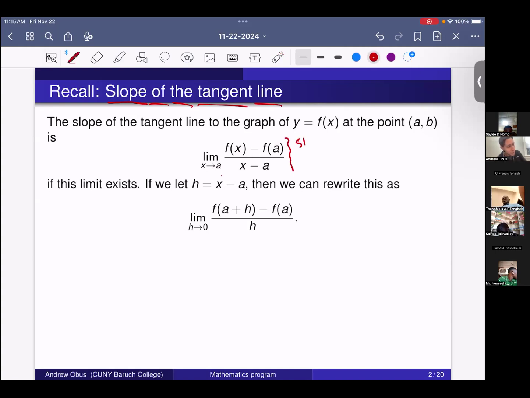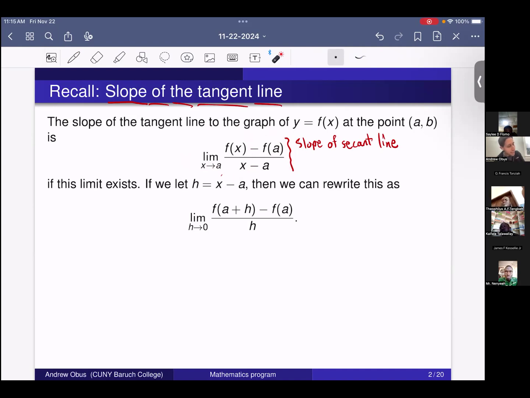This ratio is actually the slope of a secant line, right? Remember, that's a line that goes through two points of the curve, and we're taking the limit as those two points get closer and closer together. That's what this limit means.